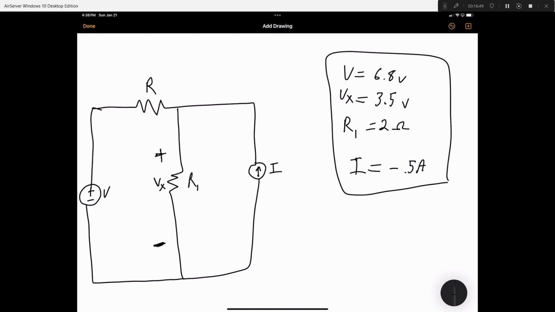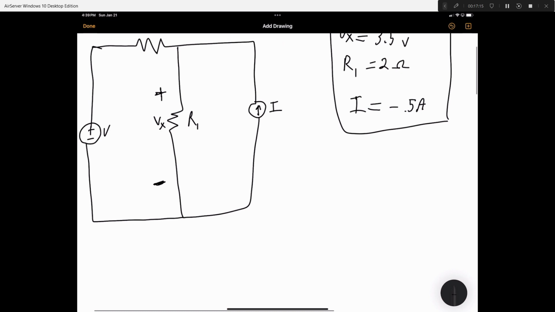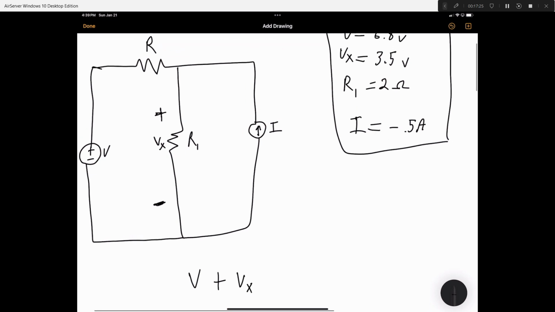So how do we do that? Well, we could do Kirchhoff's voltage law, which states that the voltages here, all of them added together, must equal 0, right? So we have V, the original V, plus V sub x, which is the voltage drop across this resistor here at R1, plus, right?